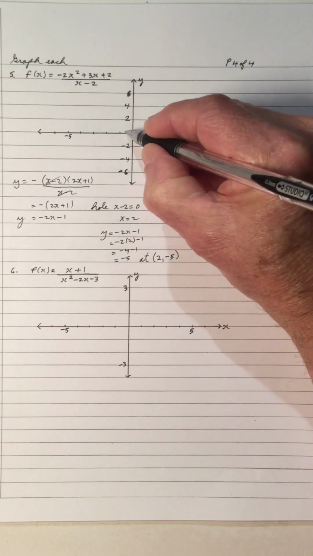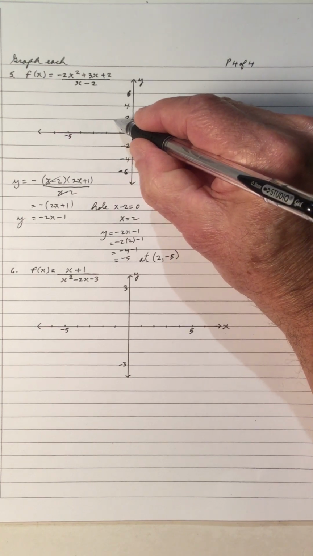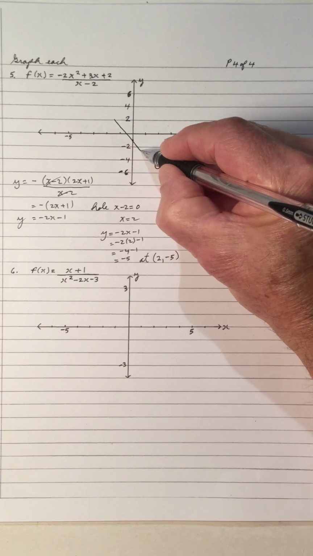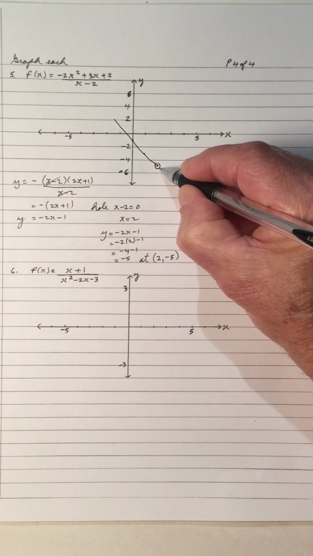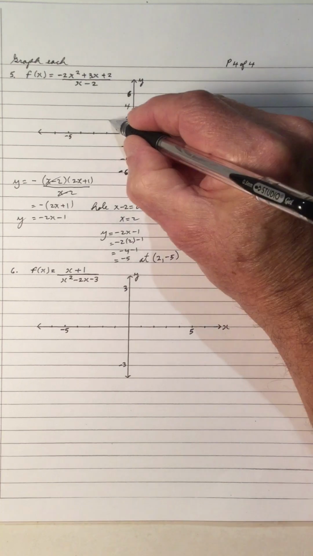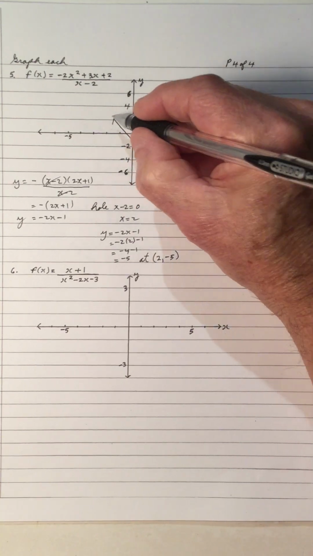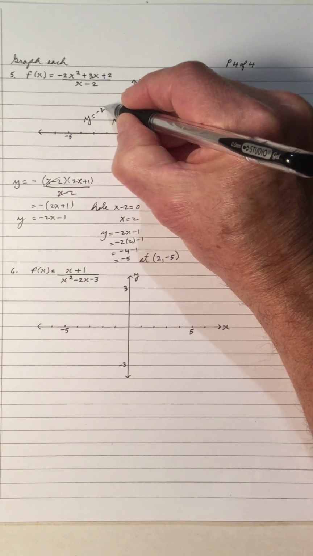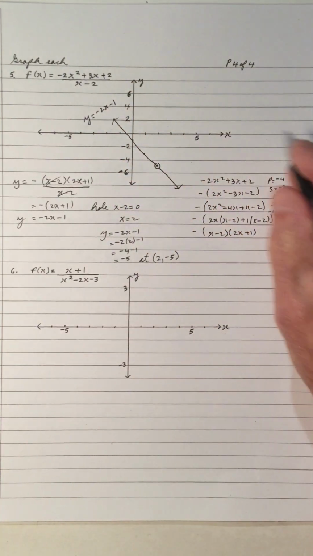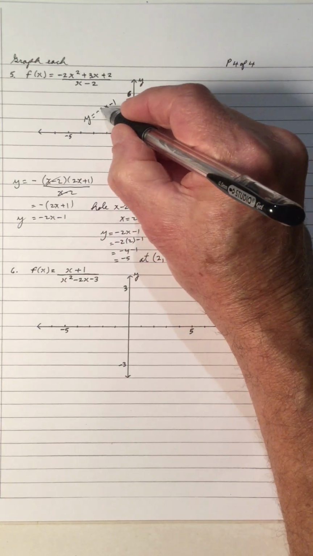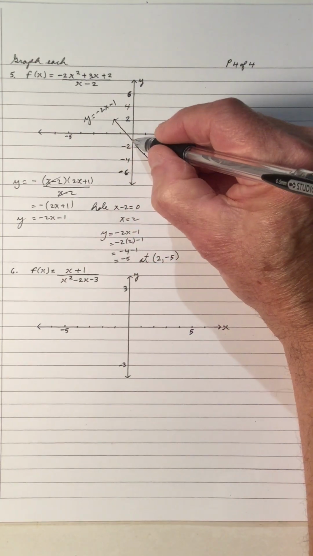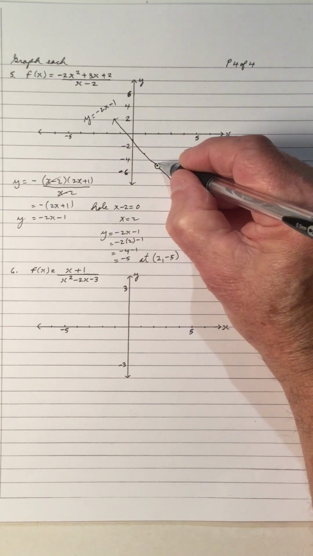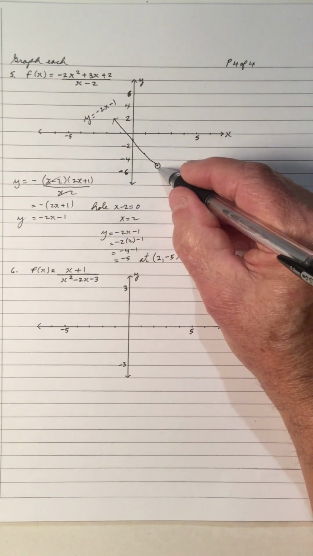Let's draw this. There it is. So this equation here is y equals negative 2x minus 1. That's the equation of this line, which is a linear, and there's the hole at 2, negative 5.